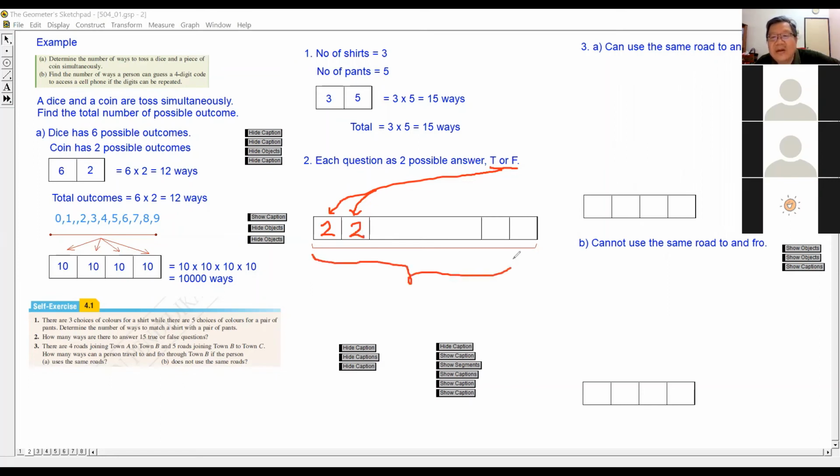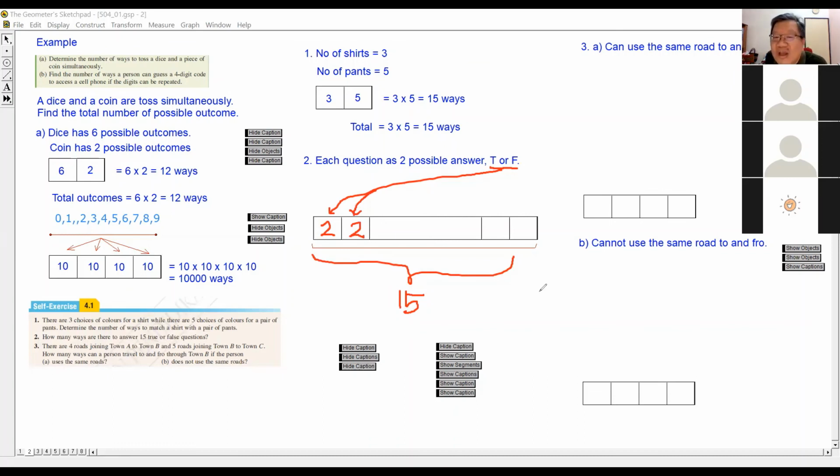All together, how many questions are there? 15 questions. So do you know what is the answer? How many boxes do you need to prepare for 15 questions? 15 boxes.